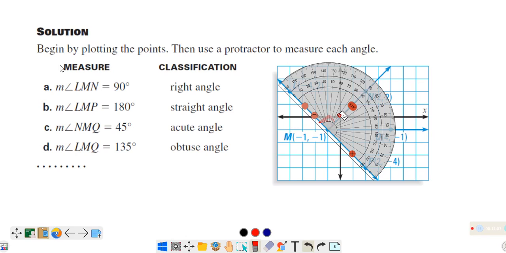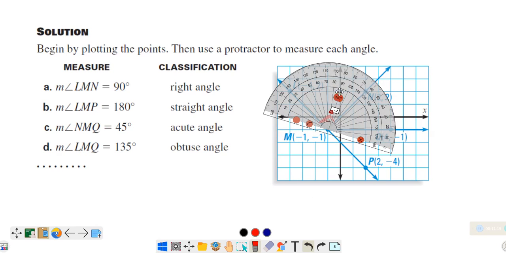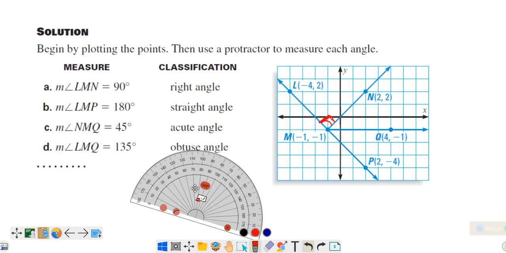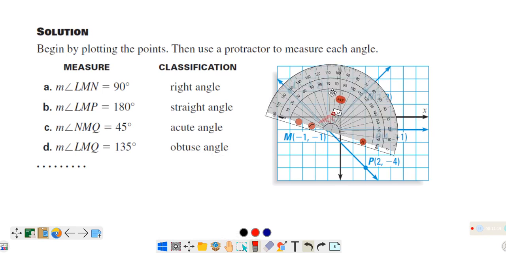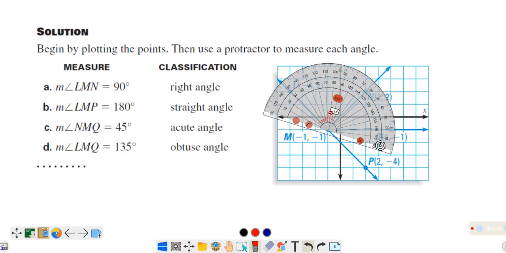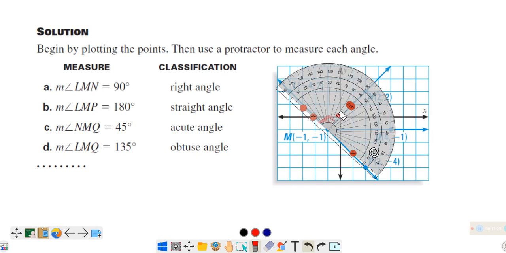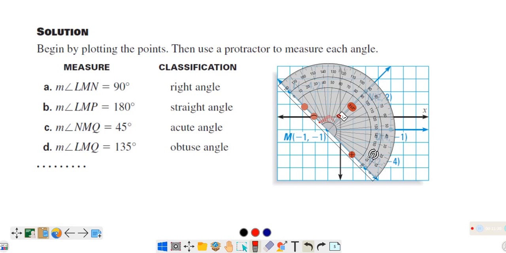This is 90 degrees. Next, let's go to LMP. Tanggalin ko lang siya dito. Ayan, LMP is a straight line. So, obviously, this is 180. But, let's still check. Dapat, pareha silang magko-coincide with 0 and 180.